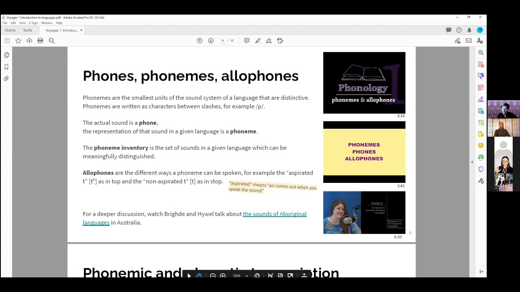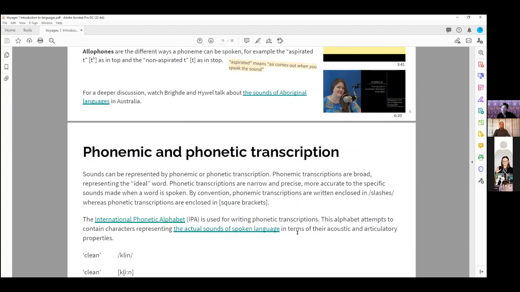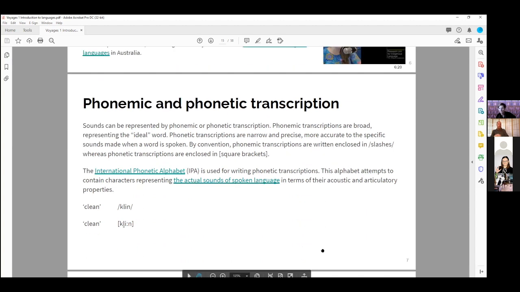One of the things that I think is really useful is to think about the sounds, particularly of Aboriginal languages in Australia. There is a video that you can watch to hear a discussion of the different sounds in Aboriginal English. Sorry, in Aboriginal languages.